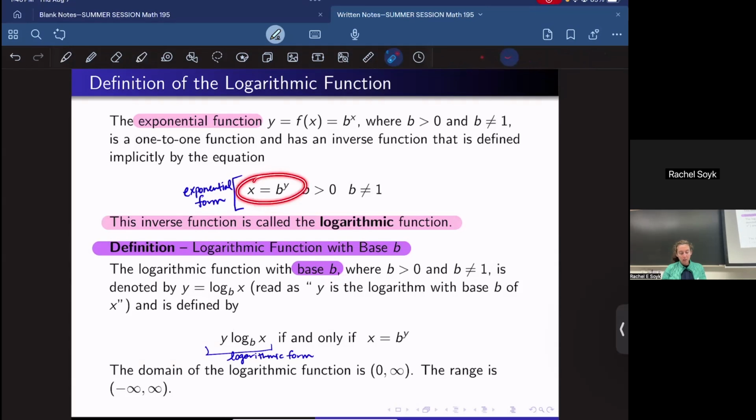So if we take a look at the exponential form, we have x is equal to b to the y. y represents our exponent, b represents our base. And then if we switch over to our logarithmic form, we have y equals log base b of x. That base b is the same as the base b in that exponential form.